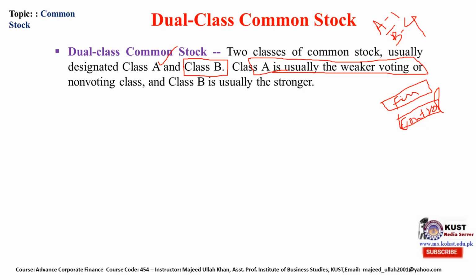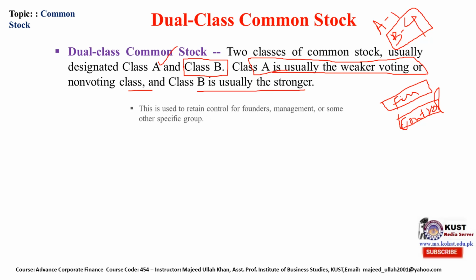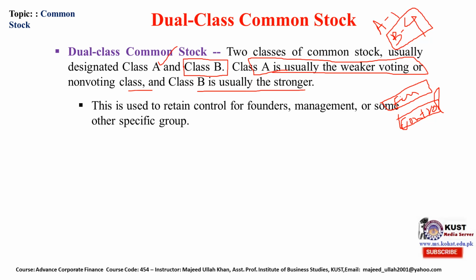This basically allows the B class shareholders to hold control of the company. So A is the weaker voting or non-voting class, and B class usually has stronger or more voting than A. And what is the incentive for people to invest in Class A shares? This is used to retain control by founders, management, or some other specific group.